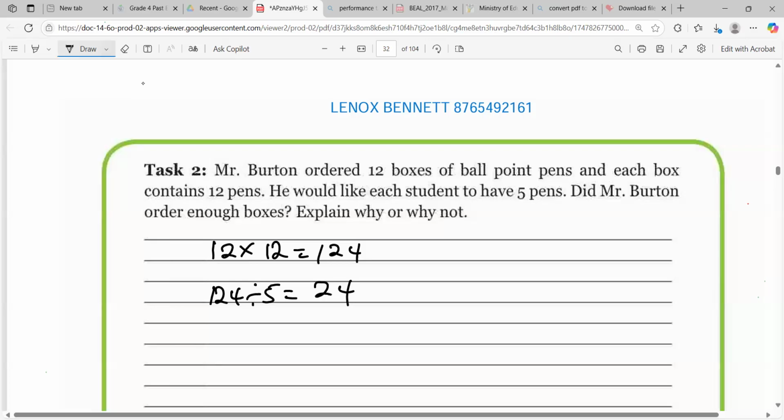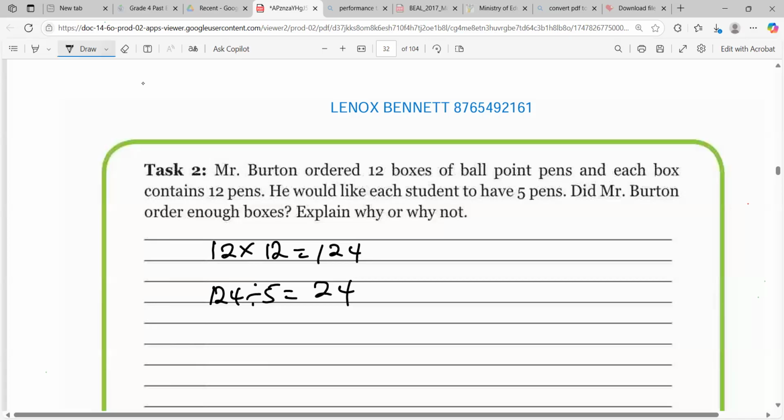Oh, so, sir, I would say that, because the question says, did he buy enough? No, sir. And what's the reason? Because remember, that's what it's saying.